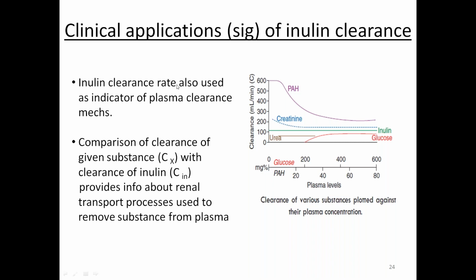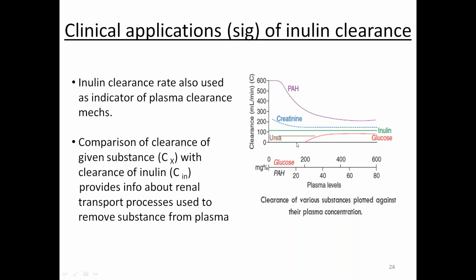If you have a look at this figure, this is showing clearance of various substances, and this is the clearance value plotted against the plasma levels. First look at the graph of glucose. It is first at 0 because 100% reabsorption is occurring initially.